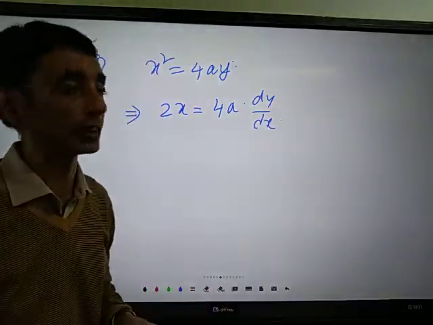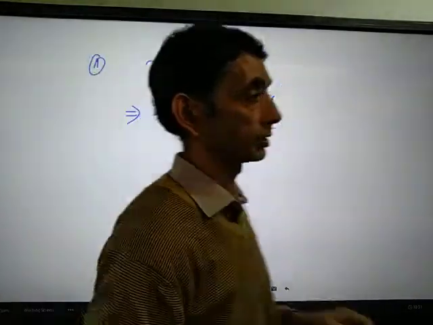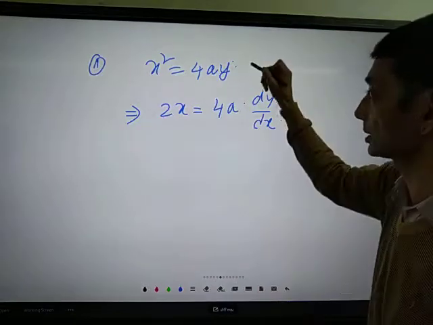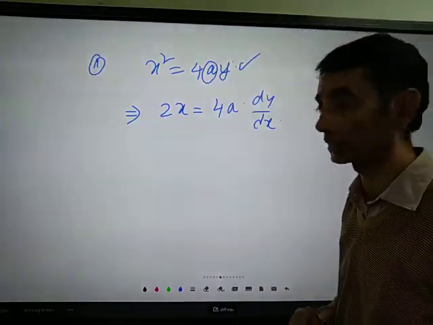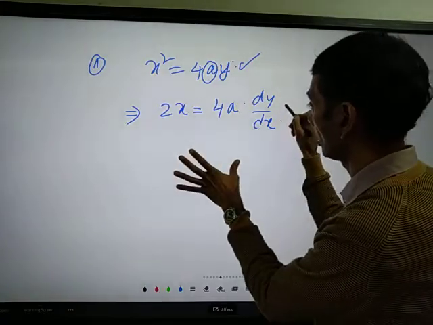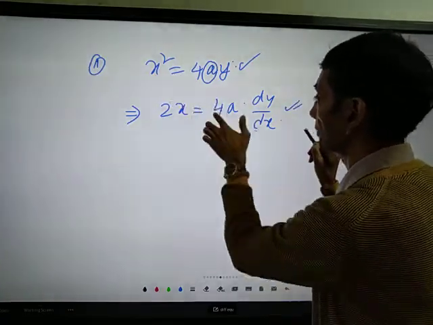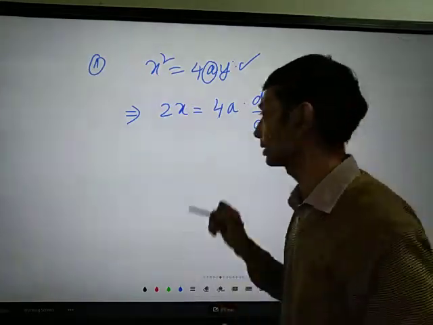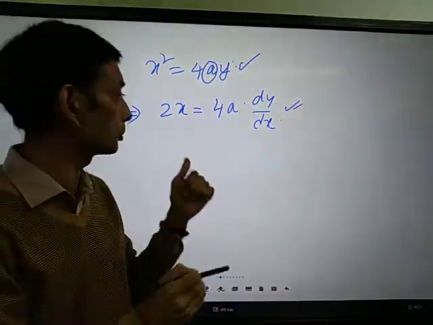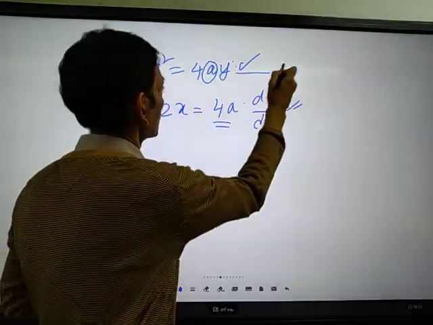This equation represents a family of parabolas. Here we have seen that there is one arbitrary constant, so we are differentiating once. We are not allowed to differentiate more than that, so to remove 4a we can take help of these equations.